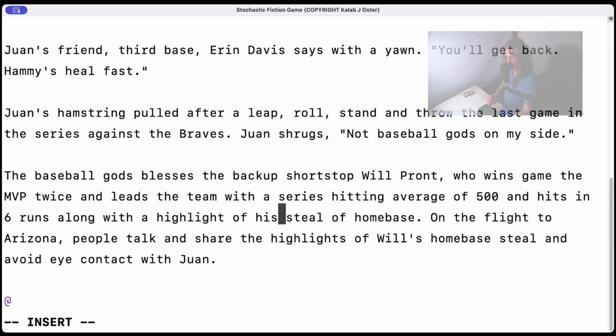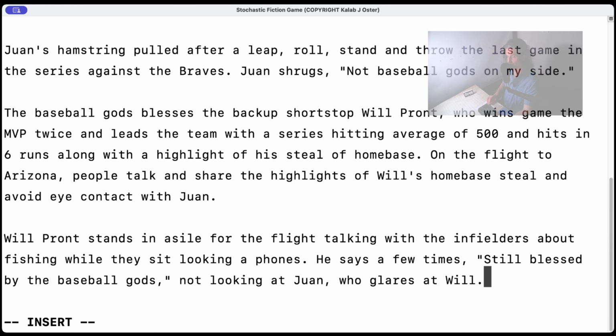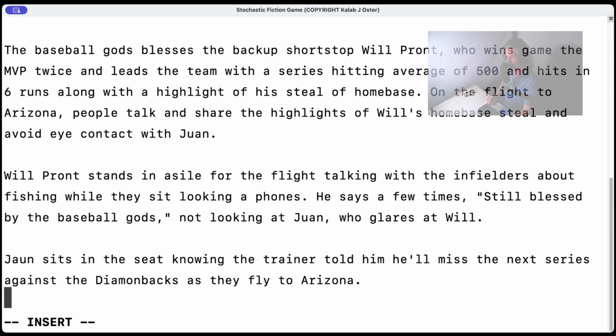On the flight to Arizona, people talk and share the highlights of Will's home base steal, avoiding eye contact with Juan. Will Prompt stands in the aisle for the flight, talking with the infielders about fishing while they look at phones. He says a few times, "Still blessed by the gods," not looking at Juan, who glares at Will.